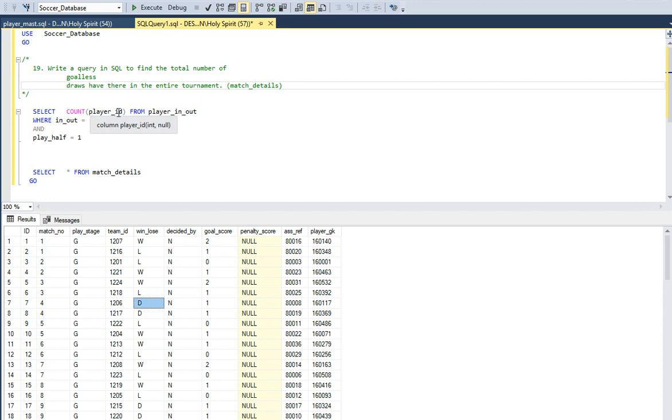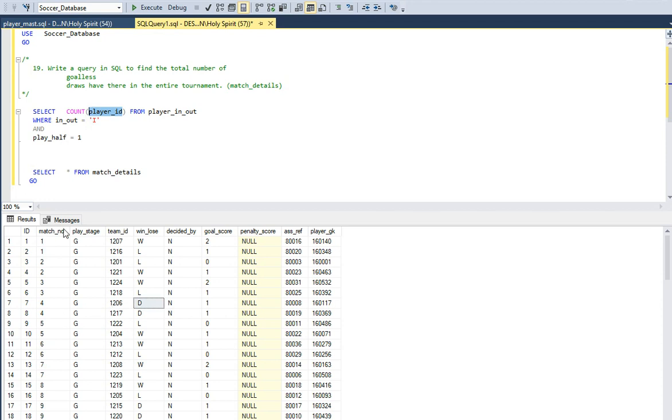So count. Query in SQL to find the total number of goalless draws there are in the entire tournament.